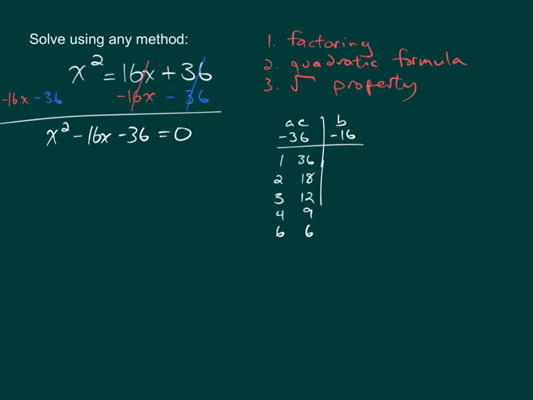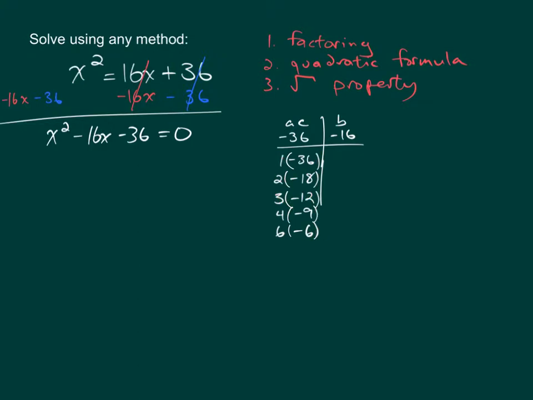That means we need to take away the larger number. So the larger number here will be negative in each pair. And this last example is kind of weird. One number isn't larger than the other, so we can just assign the negative to either one. So we have these pairs that will give us negative 36 when we multiply.